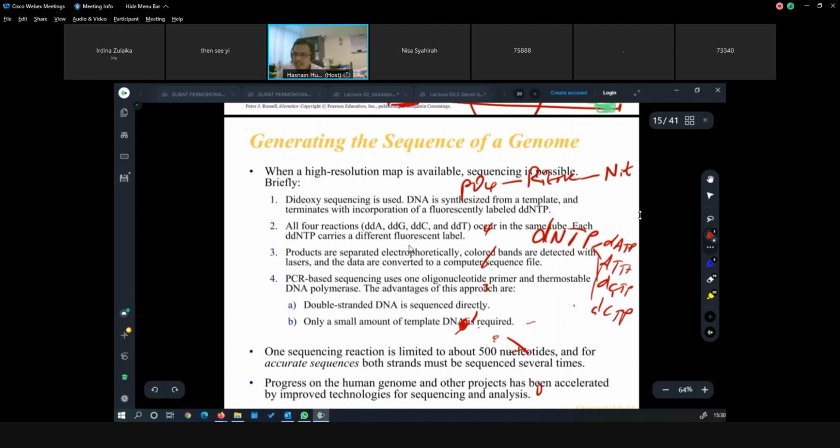So ATGC, the deoxyadenine triphosphate, adenine, thymine, guanine, cytosine, all of them together in one tube, we call it the deoxynucleotide triphosphate, DNTP. Another molecule we call dideoxy NTP, because remember at the position here they don't have the oxygen, so dideoxy.